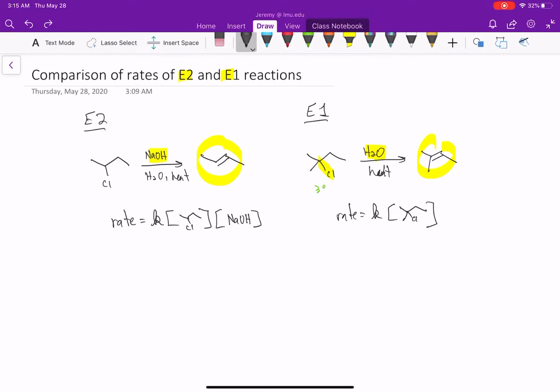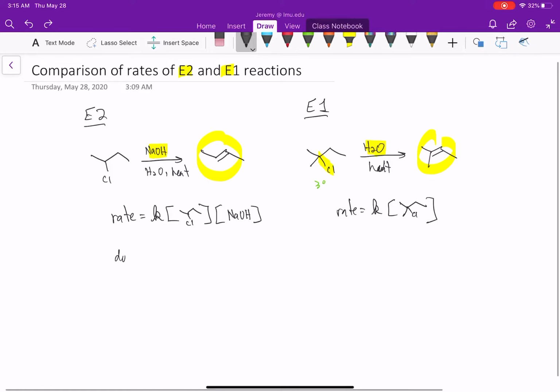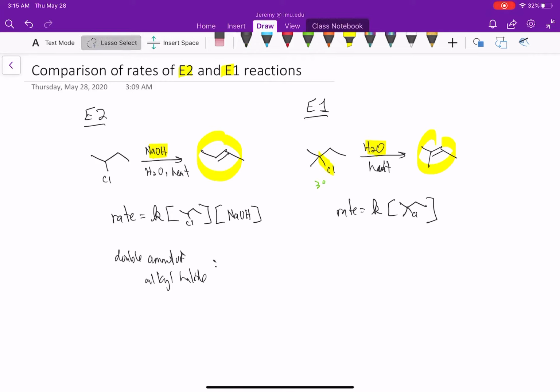If we double the amount of alkyl halide, that means this concentration would be twice as much. So overall, our rate for the E2 would be twice as fast.